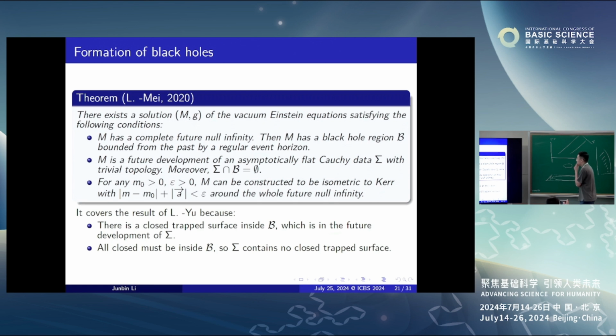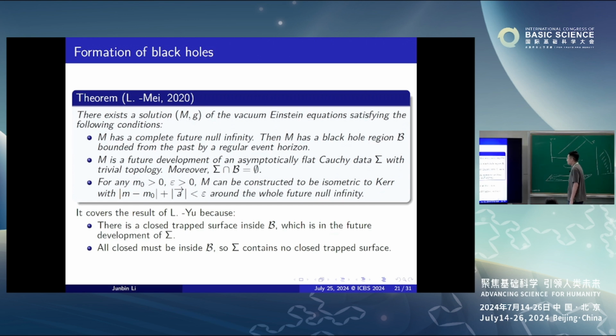So this is the more recent result, and we can construct a solution of the vacuum Einstein equation satisfying the following conditions. Actually, these statements just say that the solution we construct is a collapsing spacetime. The first thing is that it has a complete future null infinity, or its future null infinity can be extended infinitely.